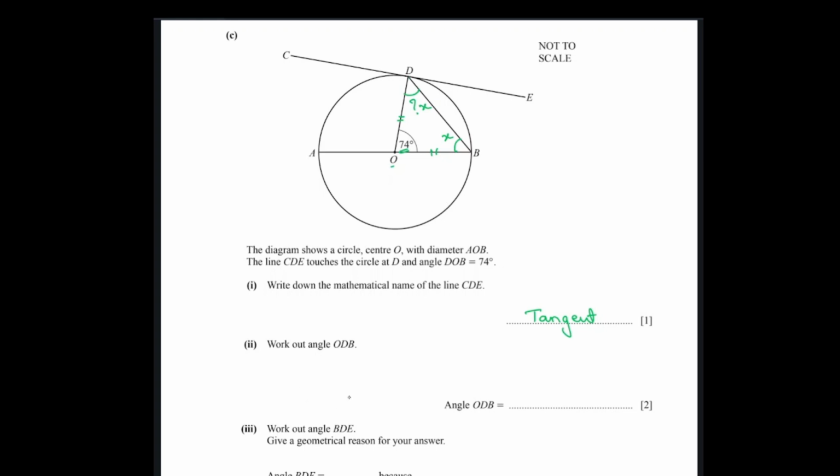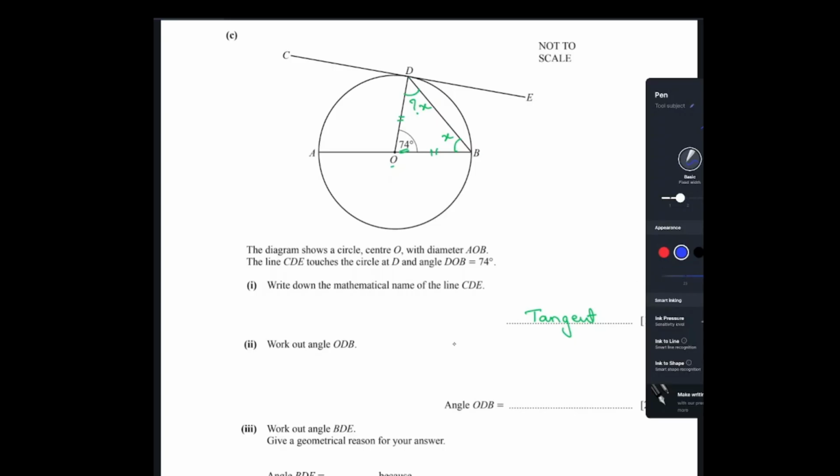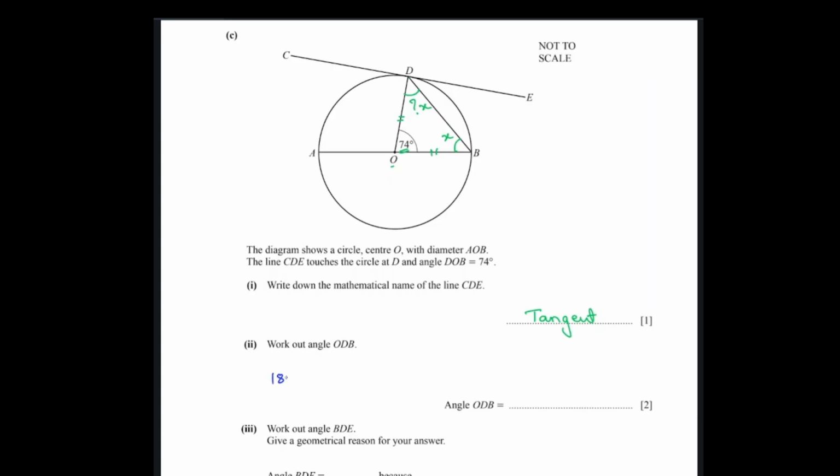Then you will use the angle sum property here. Find out that by doing 180 minus, we need to find x, right? So 74 plus 2x is 180. Write down in triangle ODB.